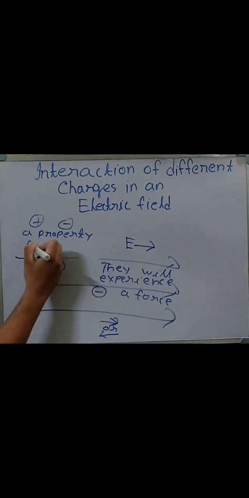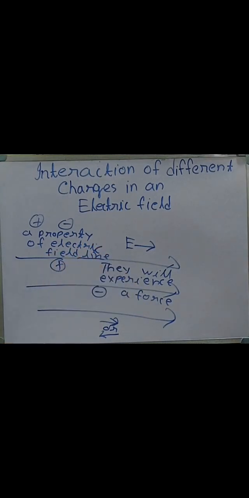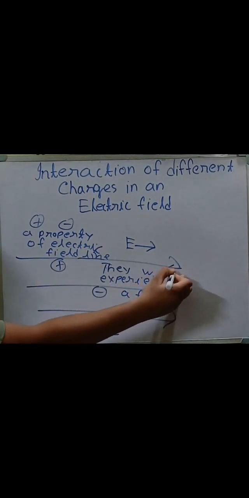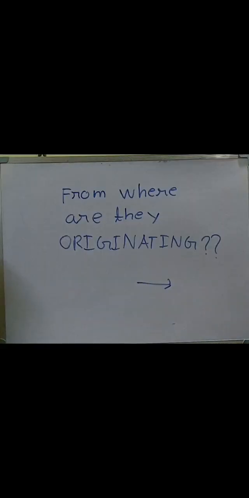Well, for this we need to understand a property of electric field lines. See here, as I said, these are electric field lines, and they are going in this direction as I have shown in this figure. But now you can ask one thing, from where did these lines originate?